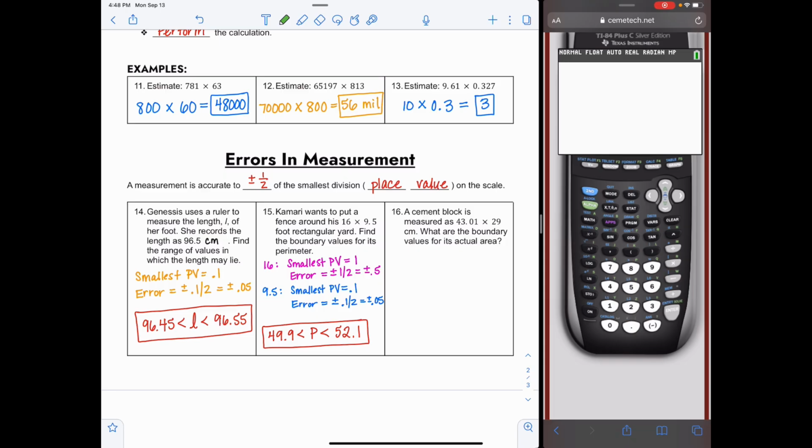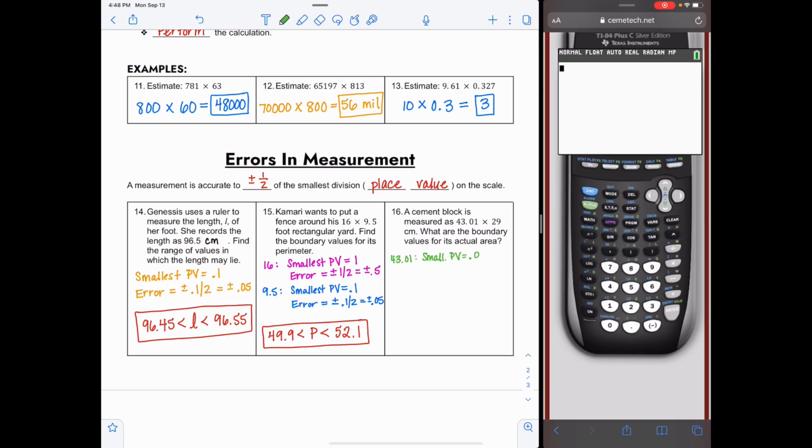So if we take the 43.01, we need to look at the smallest place value. The smallest place value is going to be the hundredths position.